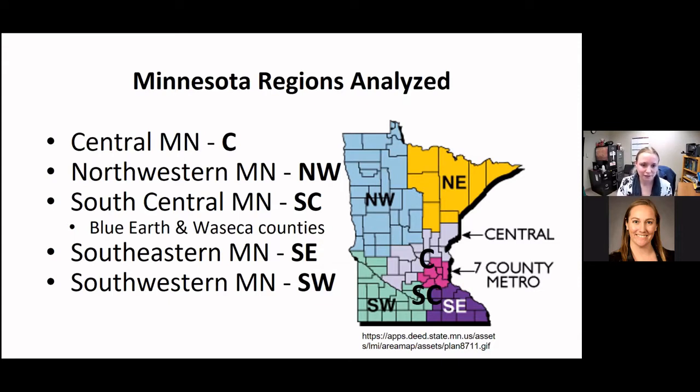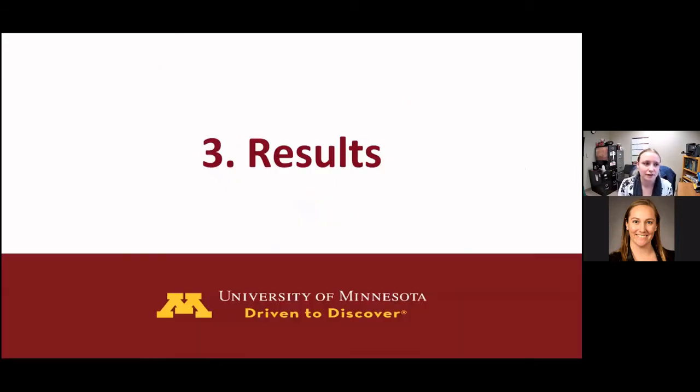So imagine that there's a central region in between the green and purple there. Southeast Minnesota, that's purple, of course, and then southwest in the green there. So 5 regions that were analyzed in total. And then moving on to the results from the data analyses.